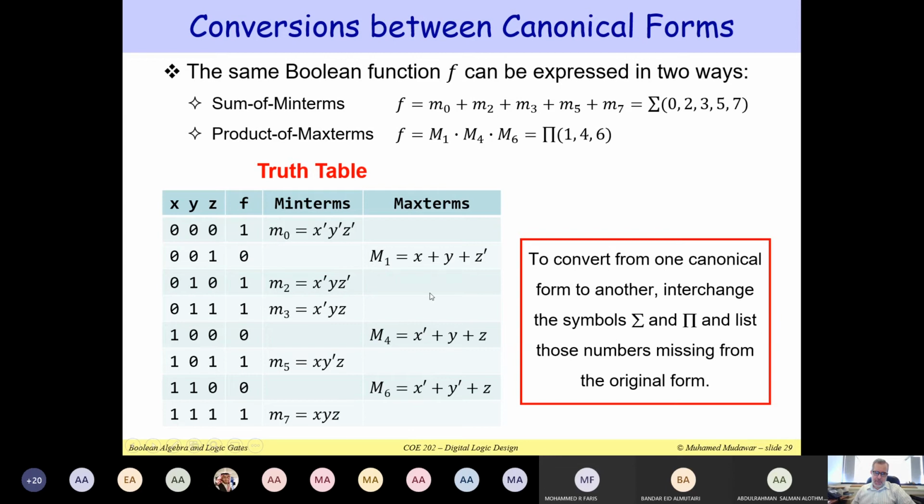If it is a 0, it means it's a max term. But the function will be 0, so it does not have a value. The function is defined by the truth table. The function has a value for each entry. So the value of the function is sometimes 1, sometimes 0. That's the truth table of the function. Yes, okay. Is it clear? Yes, thank you. Okay.